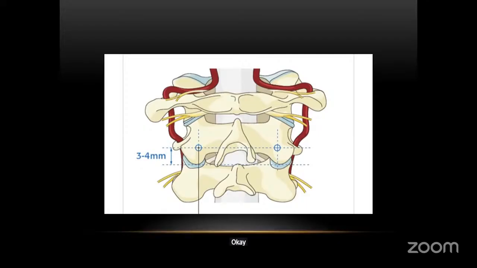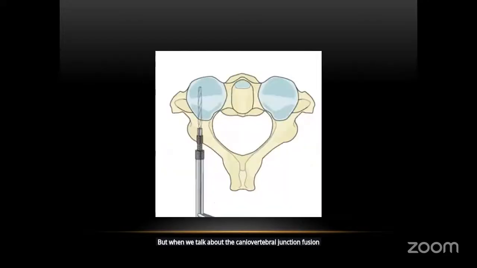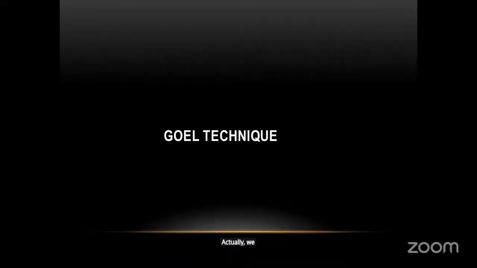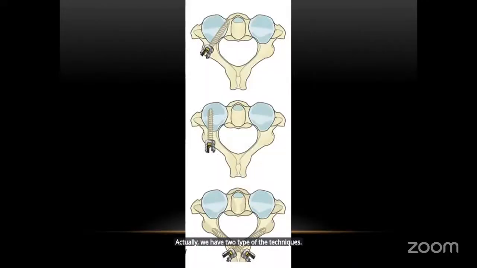Okay, and second is the C1 C2 fusion. OC fusion we have seen, the occipitocervical fusion indication. But when we talk about craniovertebral junction fusion or C1 C2 fusion, mostly we have two types of techniques.